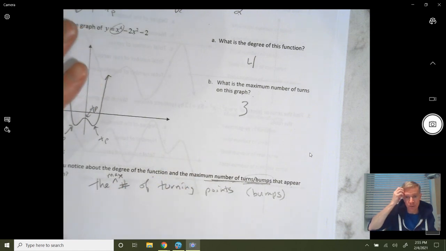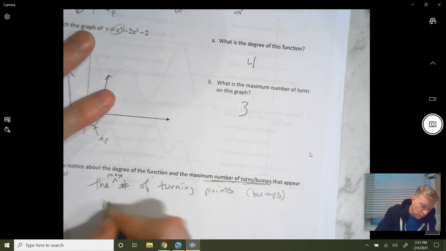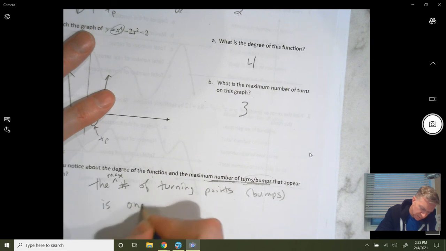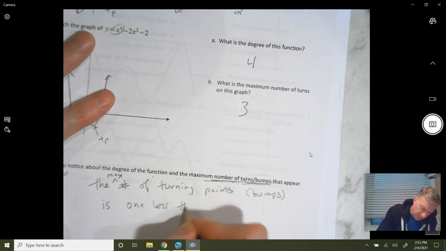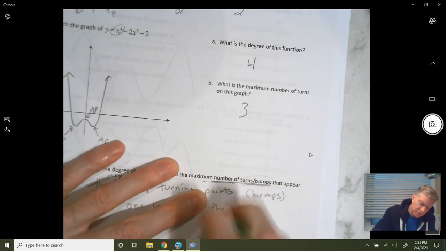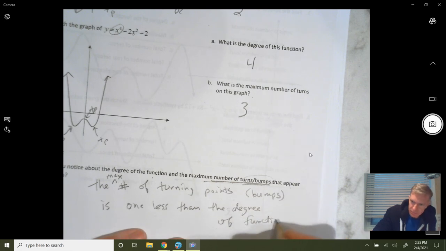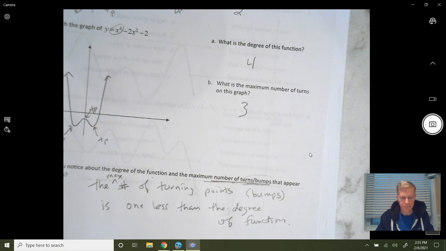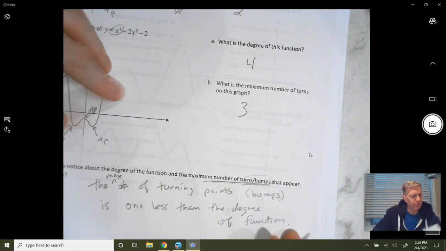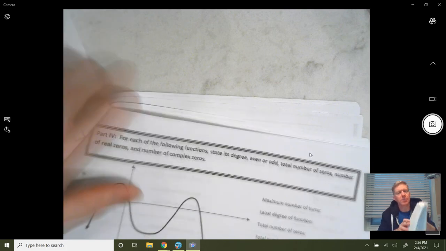The maximum number of turning points or bumps is 1 less than the degree of the function. Okay. So if it's 6th degree, it could have 5 bumps or turning points. If something's 8th degree, it could have 7. Okay. We'll look at that more with some of these examples.